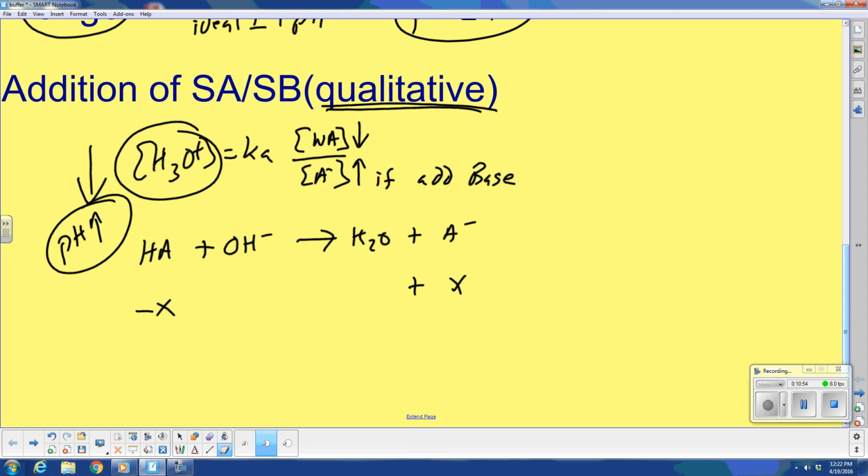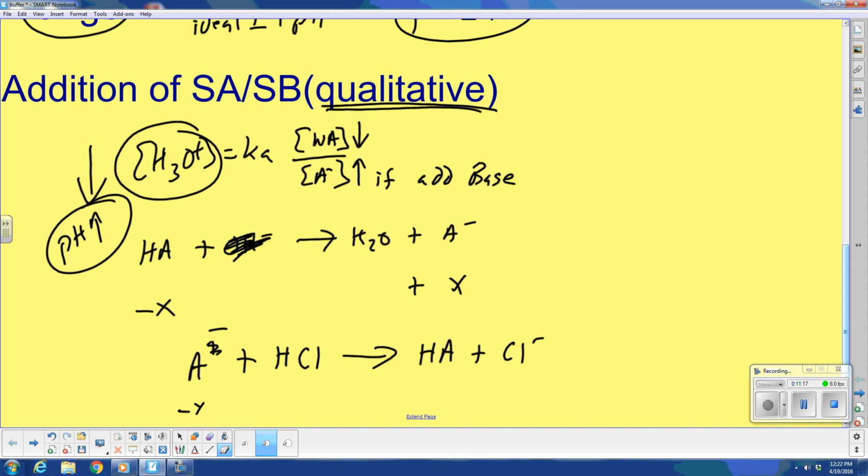And the reverse effect, if I'm adding an acid, right, I have my conjugate, and it's going to be a reaction where my conjugate is converted into my weak acid. And so this value is going to go down.